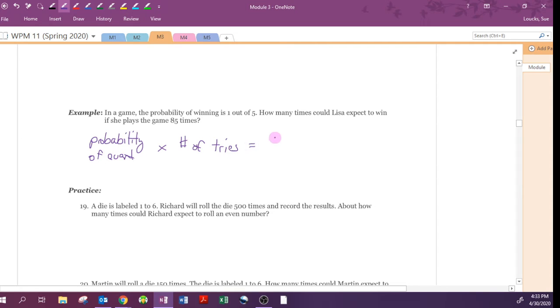So the probability of winning is 1 in 5, and we would multiply that by 85, which would be 17 times. We would expect Lisa to win 17 times. Okay, finish the next page or so of work and I'll meet you on page 8.